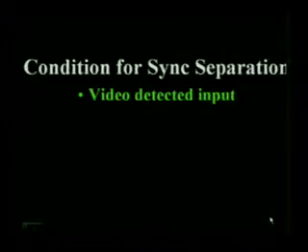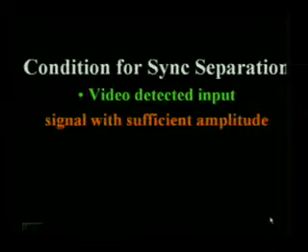And what are these conditions? The detected signal should have sufficient amplitude, because the sync separation is based on amplitude, and the amplitude of sync pulses is to be maintained at 25% of the video signal.